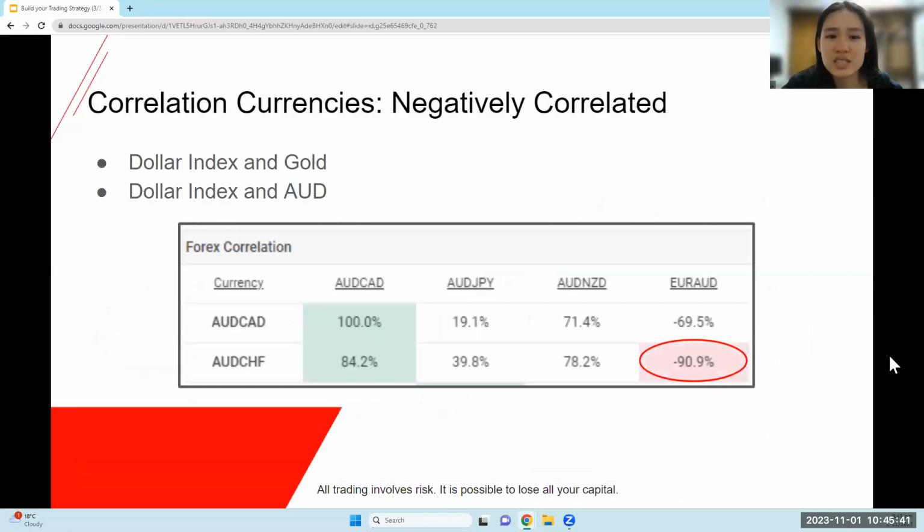So let's move on to negatively correlated. Some examples of negatively correlated currencies tend to be the DXY and gold, as well as the DXY and the Aussie dollar. So in this example, we are looking at the Euro Aus and Aus franc, which are minus 90.9% correlated.